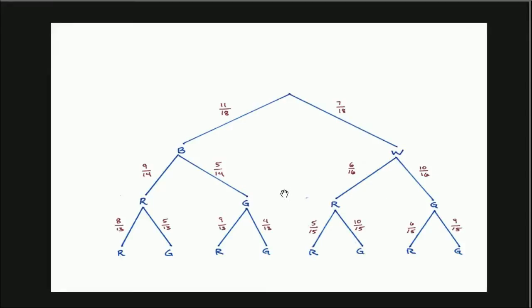Now remember that in this situation we are drawing without replacement, so our probabilities change. If we've drawn a red ball on the first draw, we have one less ball to draw from. We go from 14 balls to 13 balls.